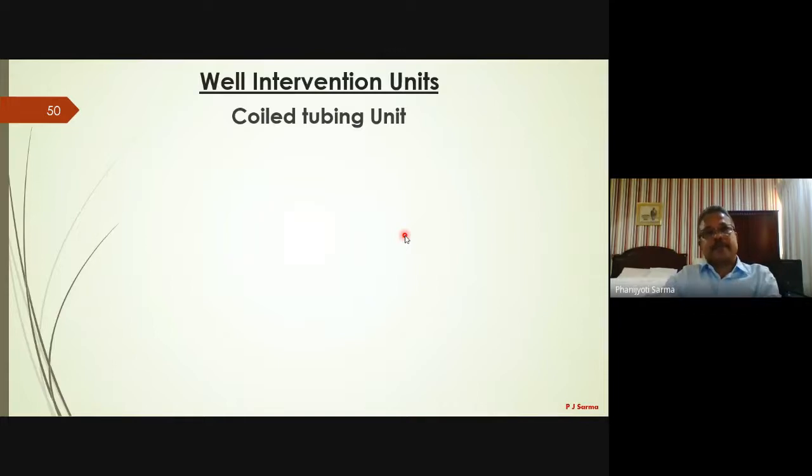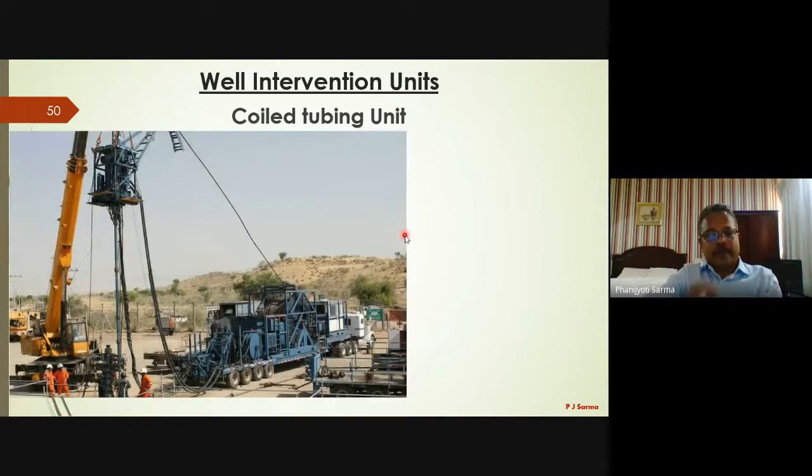So coil tubing operation. This is another type of light well intervention. The picture depicts the coil tubing unit, onshore unit. You can see generally in an onshore operation, the coil tubing equipments are all mounted on a trailer, or maybe multiple trailers.